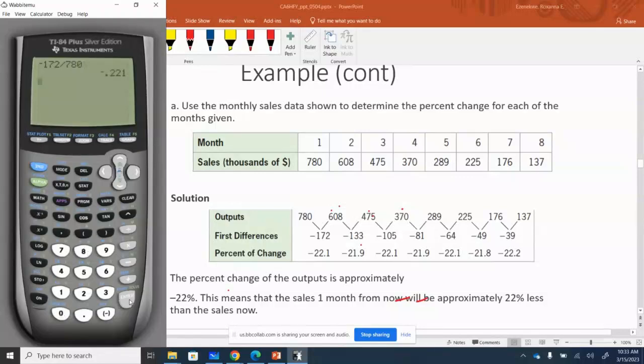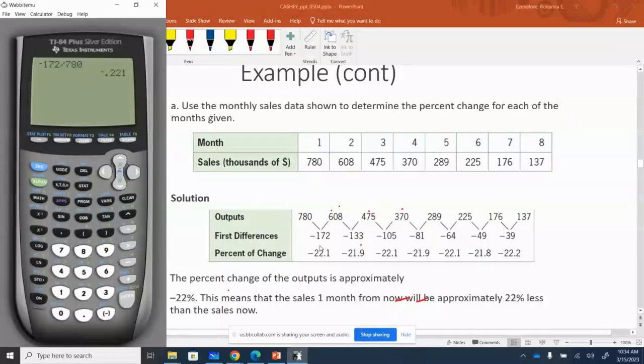When I hit enter, I will see that it's negative 0.221, but we are told to find percent change. Listen, it says find percent change, because I know that some people, like last year, will write 0.221. The question says find percent change. So change this to percent.